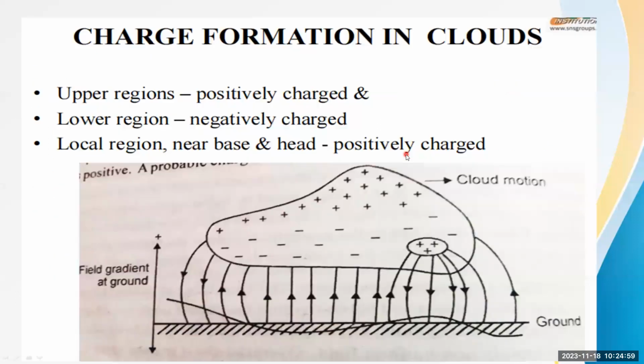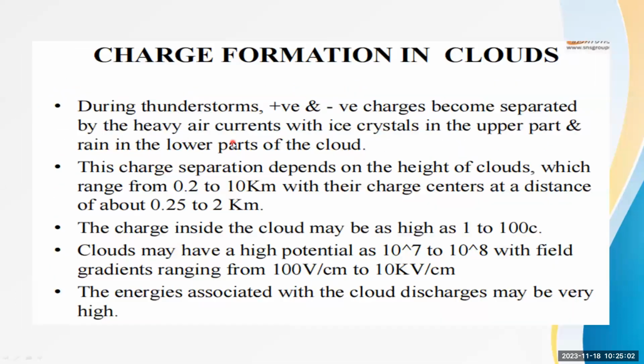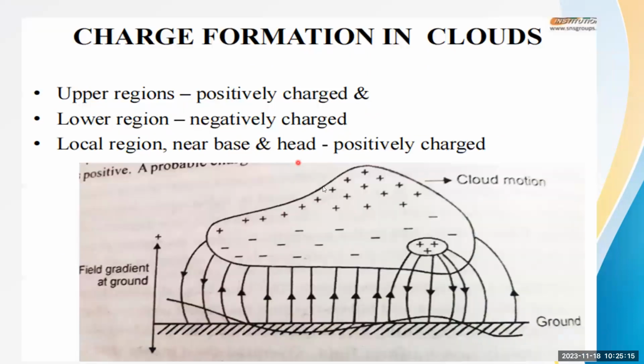Okay, and here, the temperature in the upper part of the cloud is very low, because of this ice crystals are present in the upper part of the cloud. The upper part of the cloud has positive charges and also ice crystals, because the temperature is very low in the upper part of the cloud. Here there are ice crystals, and the lower part of the cloud is negative, called rain.